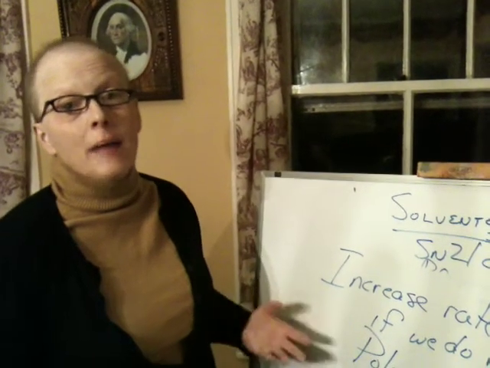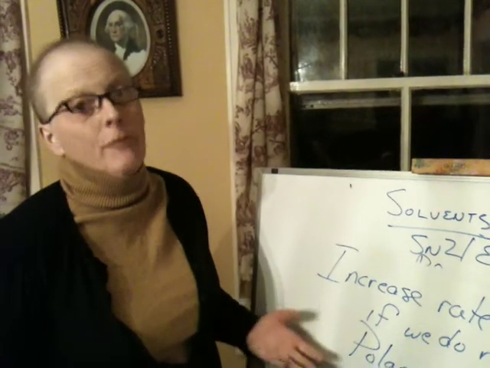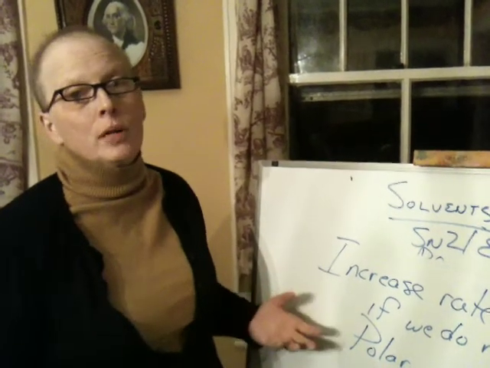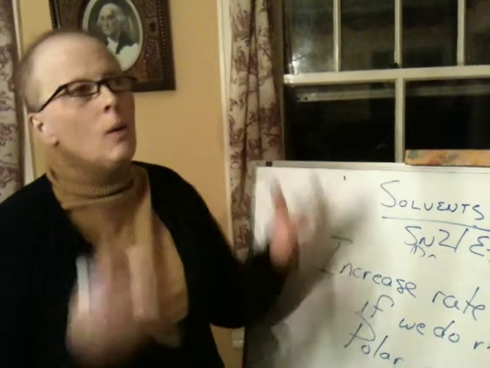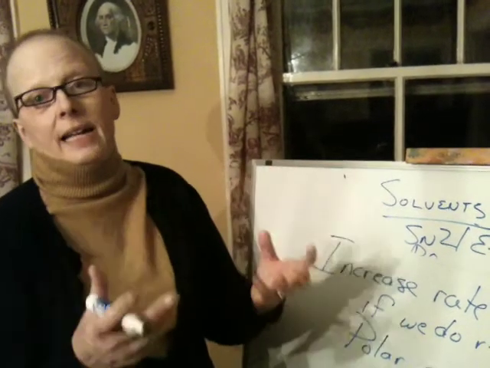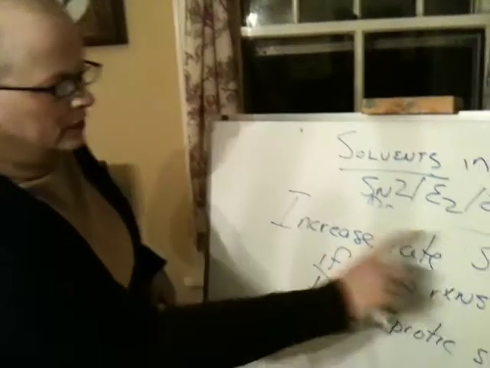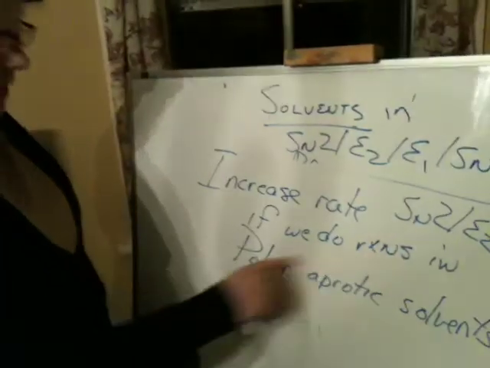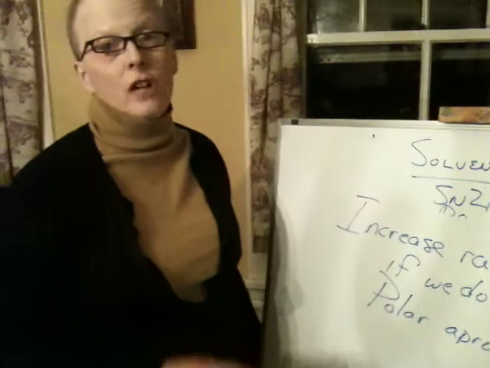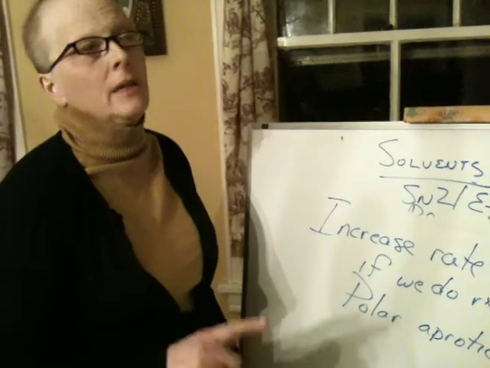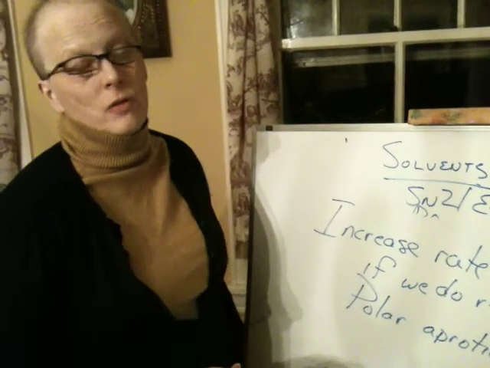And that is the problem. That's one of the reasons bromide is a halfway decent nucleophile, because when it's in a protic solvent, it's kind of free. What we want in general are free anions, okay? So we can increase the rate of these reactions if we do the reactions in polar aprotic solvents in general. In other words, avoid the hydrogen bonding solvents that I just described.